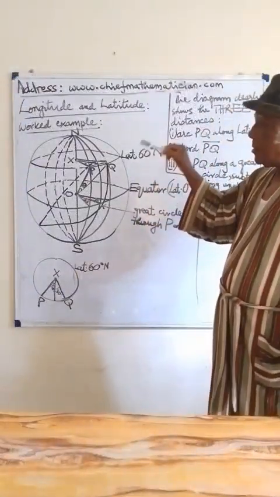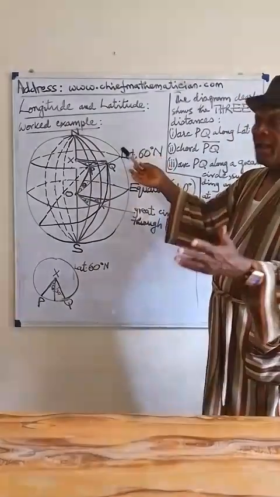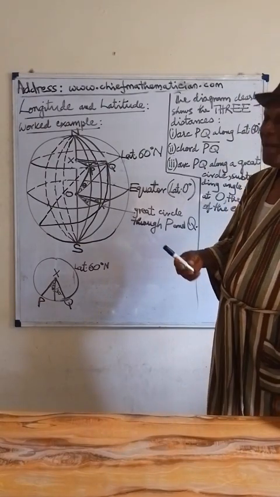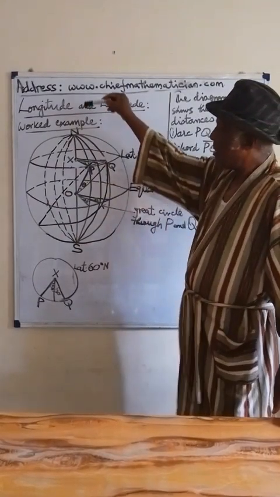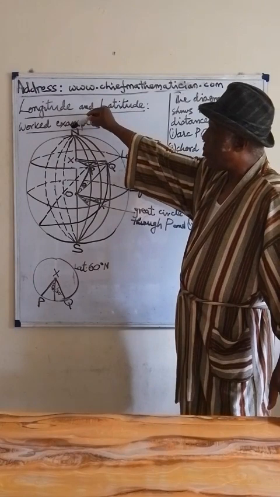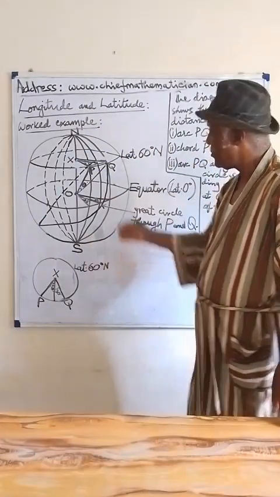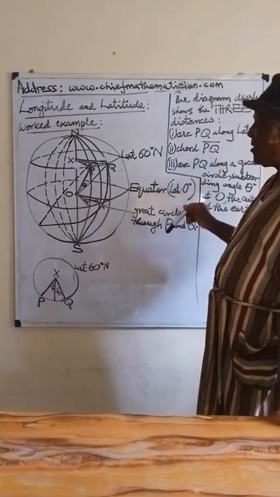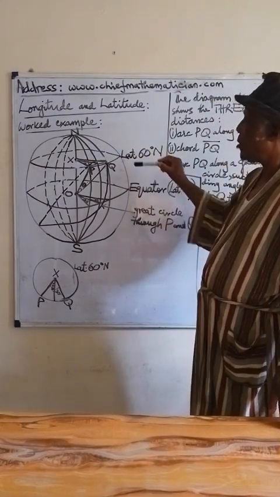So, the diagram shows very clearly all that we are given in the problem. So this is the Earth, the polar axis running through the North Pole, the center of the Earth, to the South Pole. The equator, which of course is latitude 0 degree, latitude 60 degrees north.